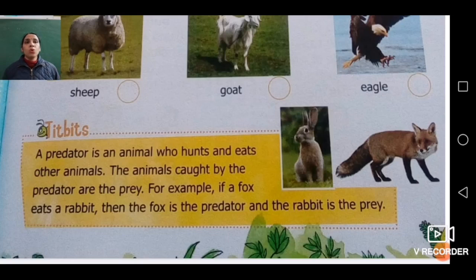Fine. So predator is an animal who hunts and eats other animals. In this example, I have taken one example, that fox. When fox eats a rabbit, fox will become the predator and rabbit is the prey.